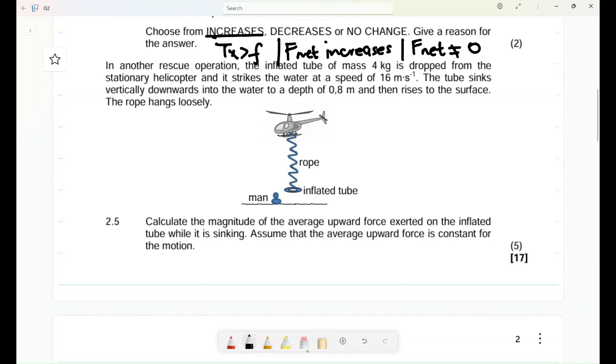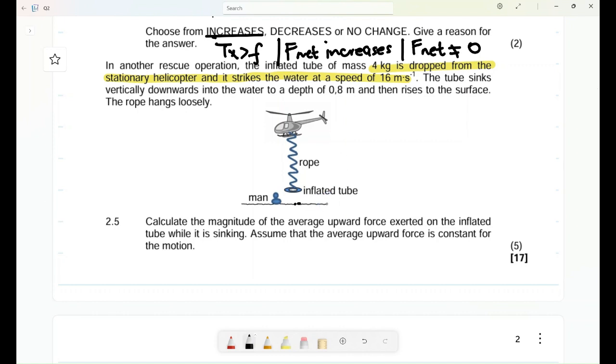Now it says, in another rescue operation, an inflated tube of mass 4 kg is dropped from the stationary helicopter and strikes the water at a speed of 16 meters per second.